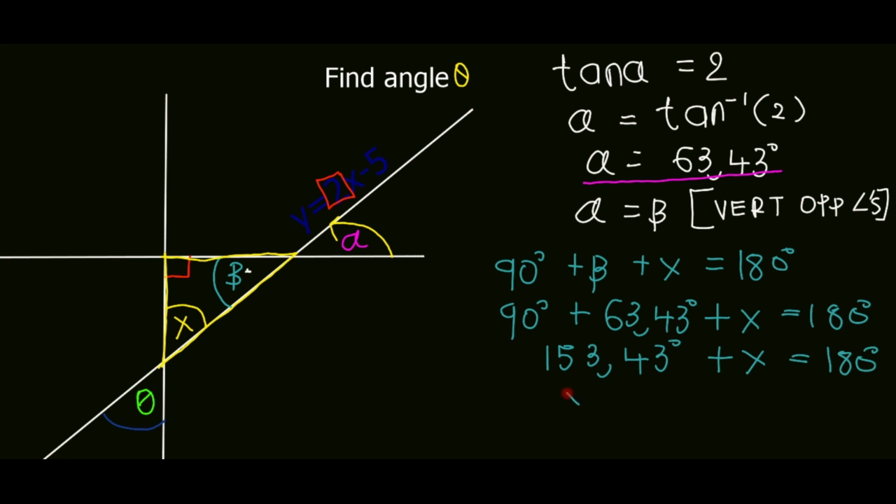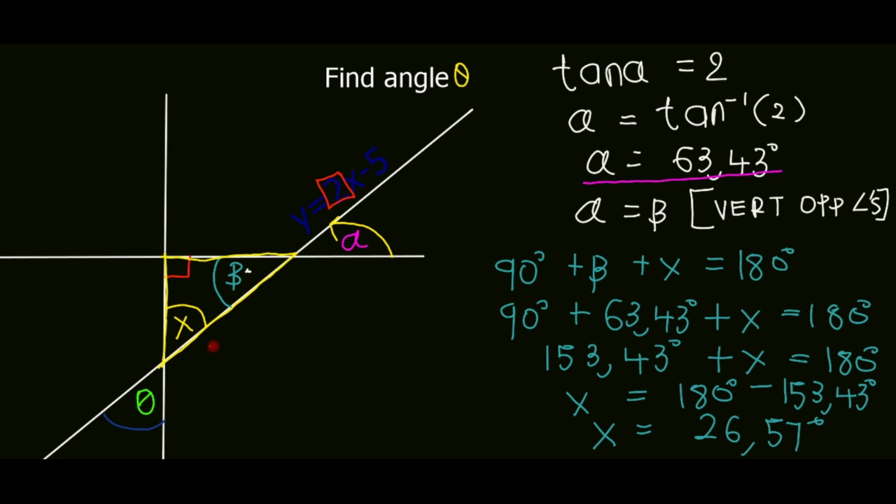So we are finding x, which is 180 degrees minus 153.43 degrees, and then the answer is 26.57 degrees. So that is angle x.